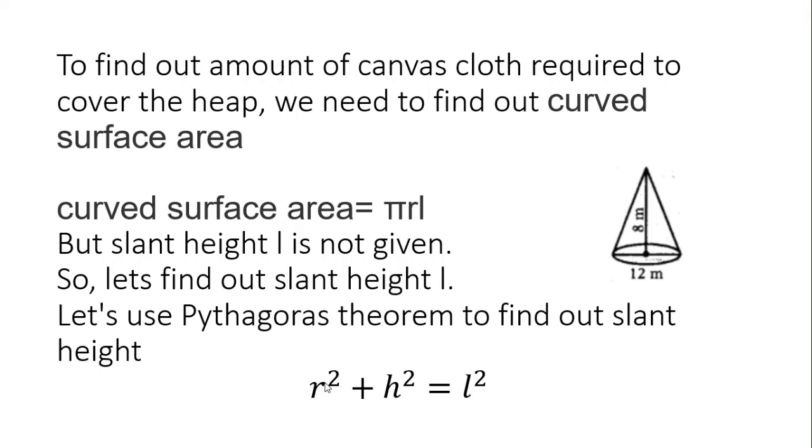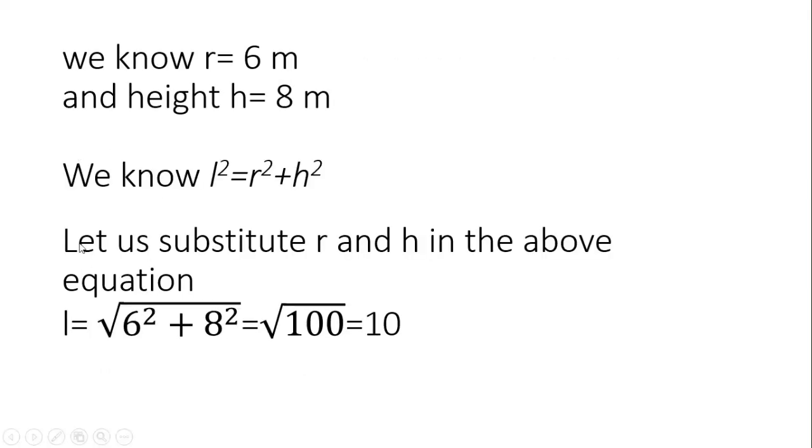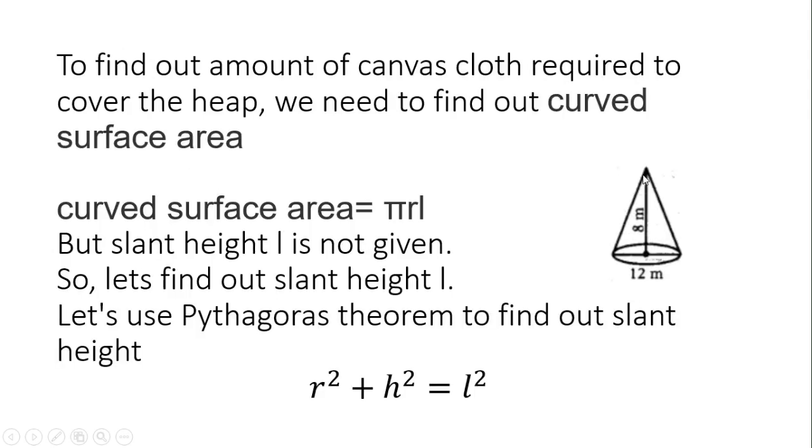Just we are applying the formula here. So l square is equal to r square plus h square. This is the fundamental property of the right circular cone. This is the slant height, this is the base radius, and h is the height of the cone. It is in the form of a right angle triangle.